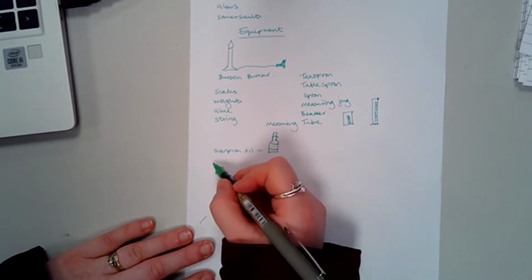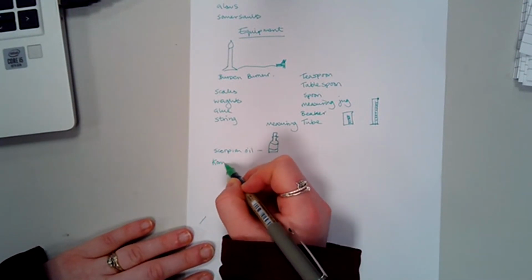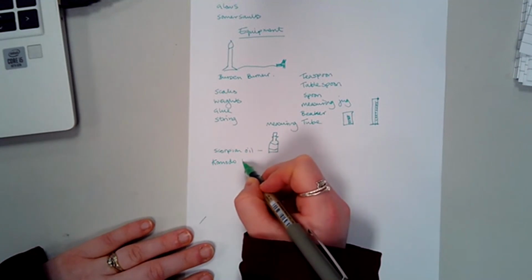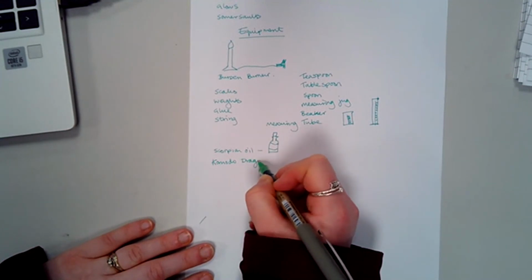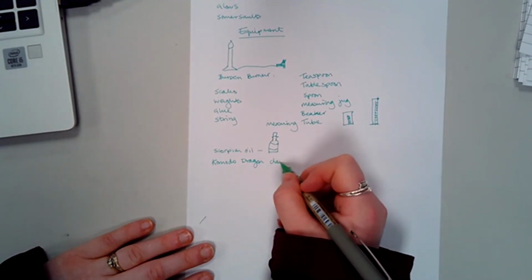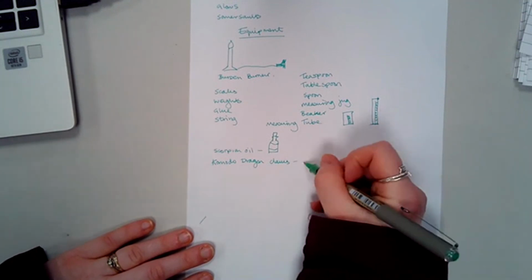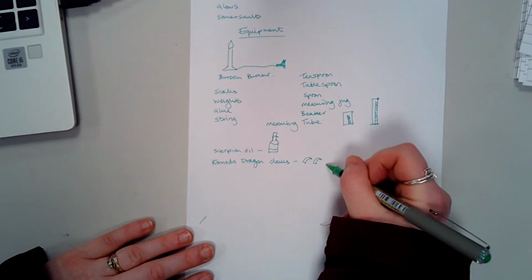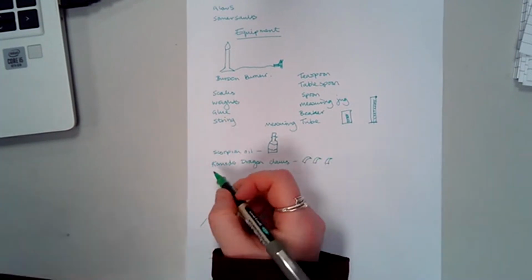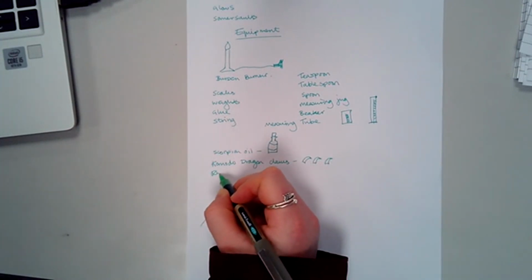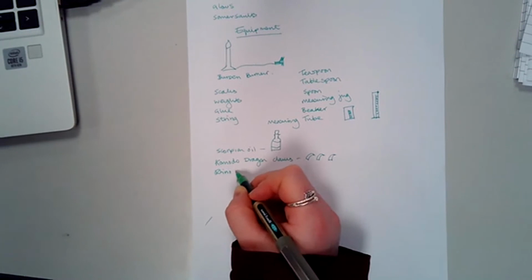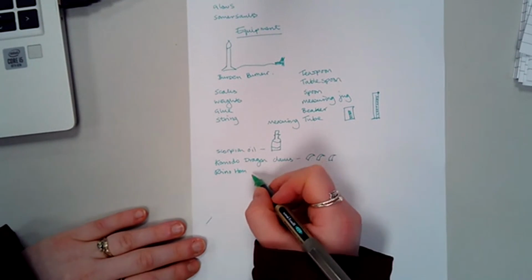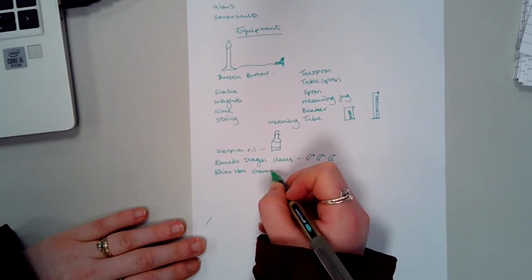You might have some Komodo dragon claws, okay? So I might have some claws. I might have some rhino horn shavings.